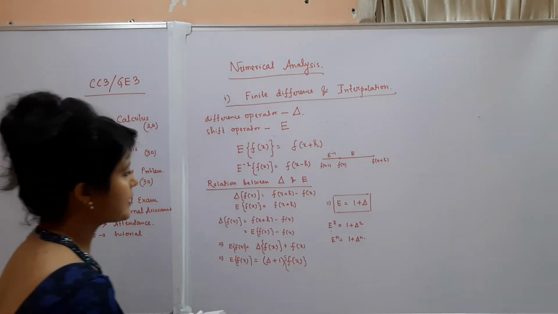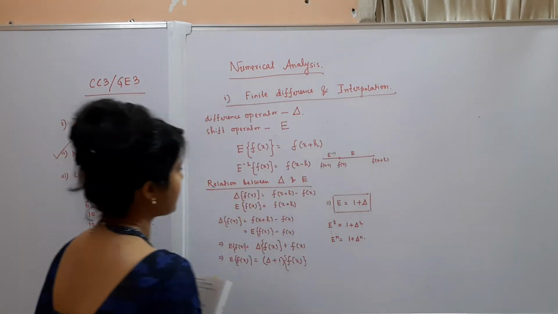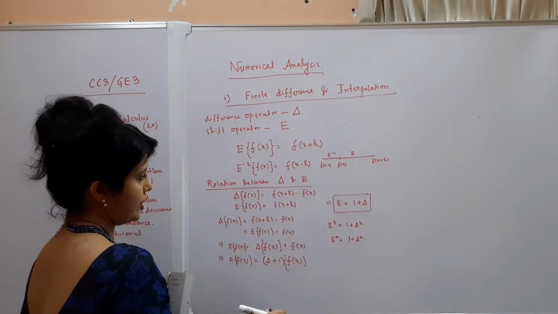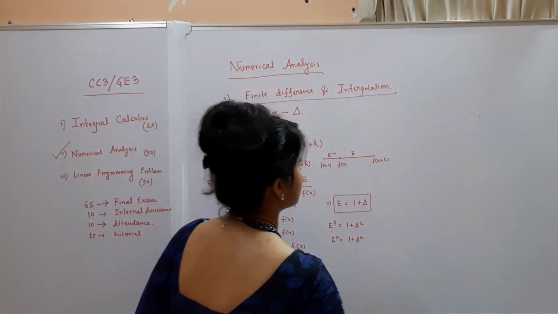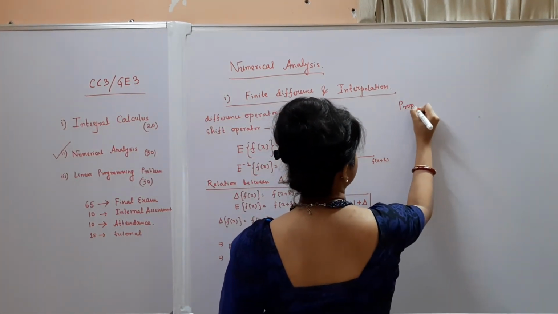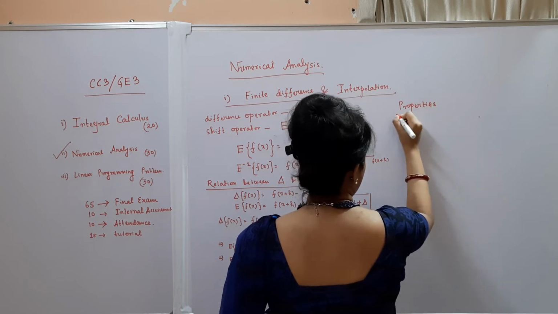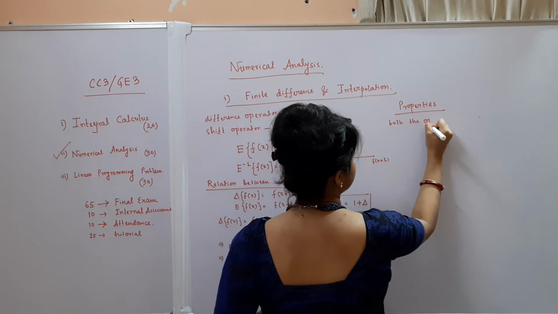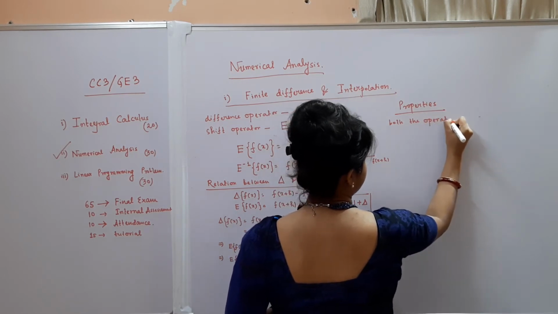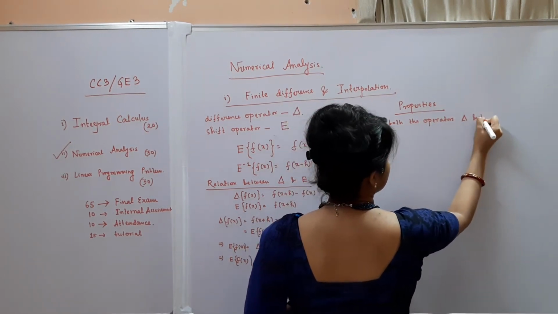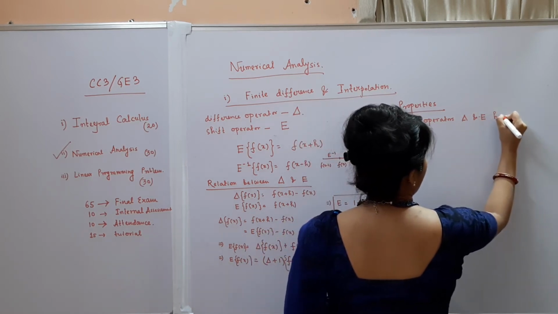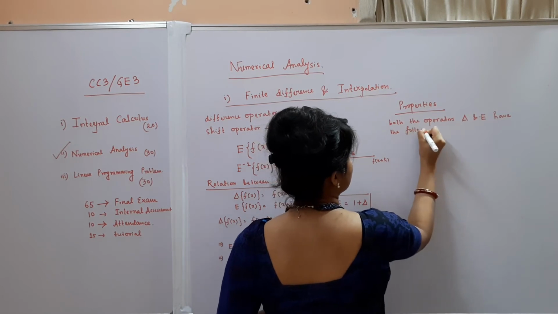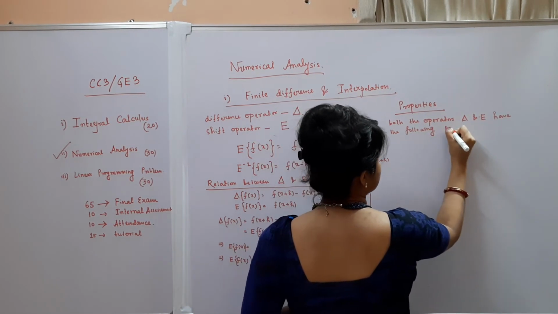Now, what are the properties? The properties of the operator delta and the shift operator E. Both the operators delta and E have the following properties.